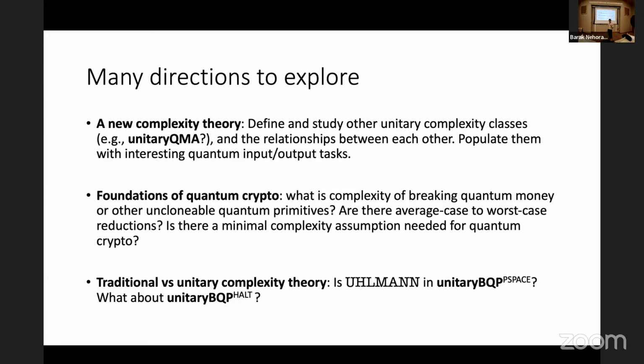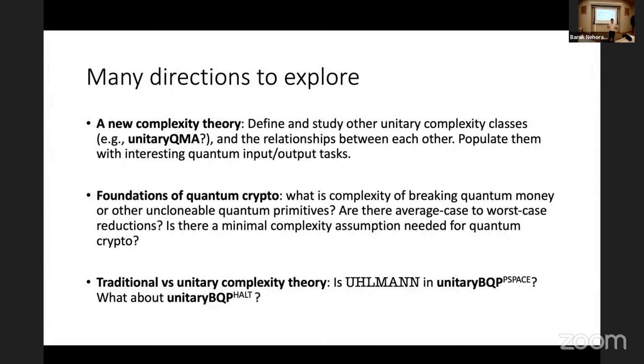Another really interesting motivation for exploring all this is that it's connected to the foundations of quantum crypto. We have all these new quantum primitives coming out, like quantum money, unclonable quantum primitives, quantum bit commitments, and so on. We don't have a very good understanding of the hardness of breaking these primitives.